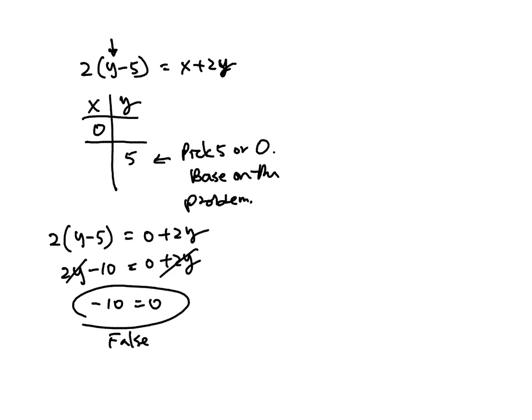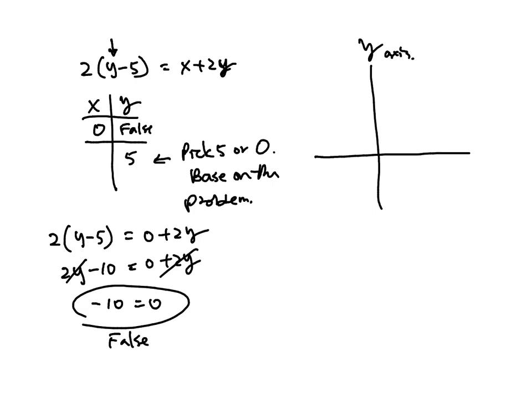Alright, so check this out. In this case, when we plug in 0 for x, we get something that's false. So what does that mean? This means this line will never ever cross the y-axis.